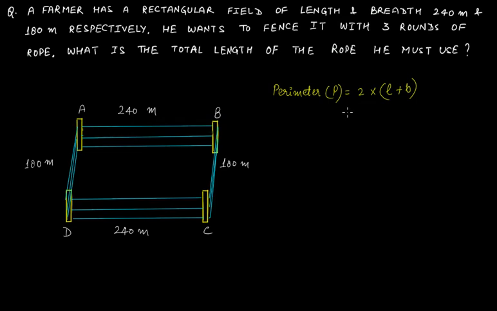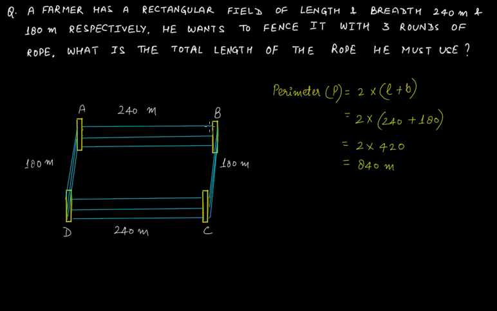So this will be 2 times length 250 plus breadth 180, and if you add it, this will be 2 times 430, which is 860 meter.